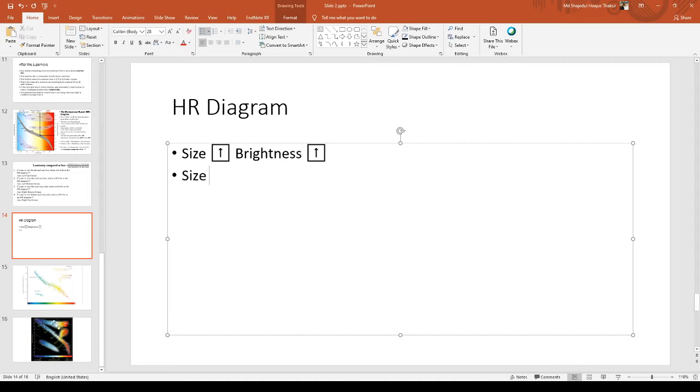And the smaller the size, obviously the less the brightness. The smaller the size, the lower the brightness.